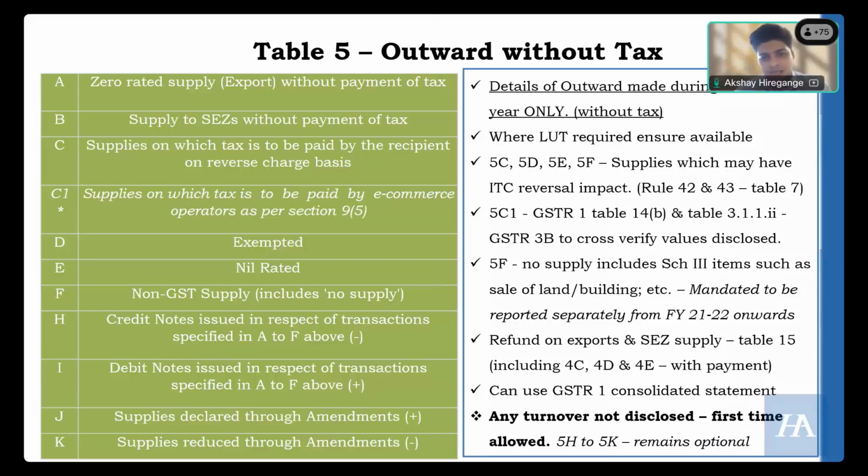Impact here would be that your table 9 of your GSTR 9 tax payable versus tax paid will show a higher value in relation to tax paid, but because we are not disclosing it in table 4 and 5, there will be a variance in that table 9 data. In this situation, we must maintain reasons for variance. We need not add or edit the tax payable in table 9.